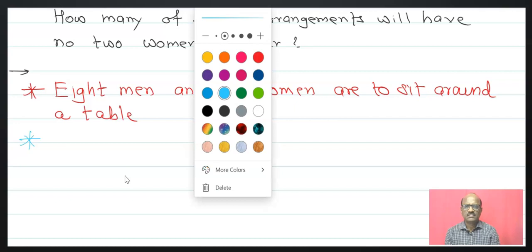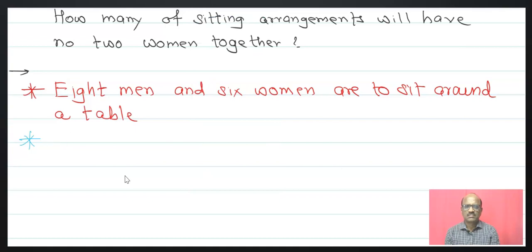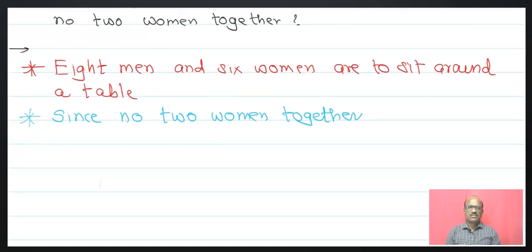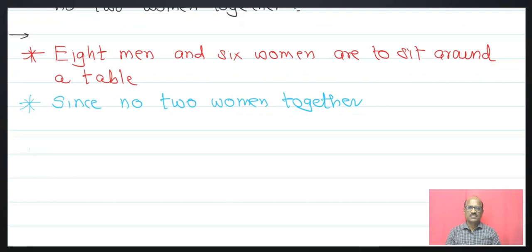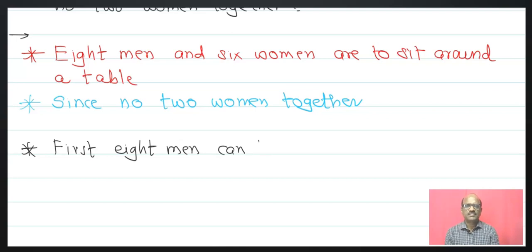Therefore, since no two women together, first 8 men can be seated in following ways.